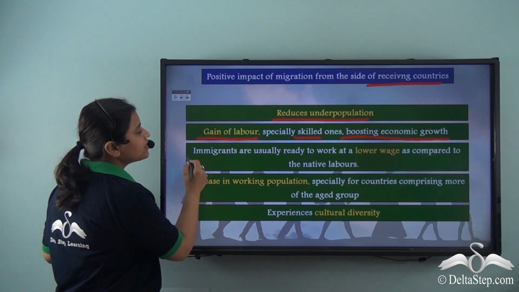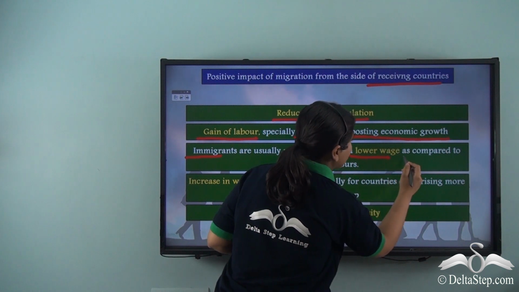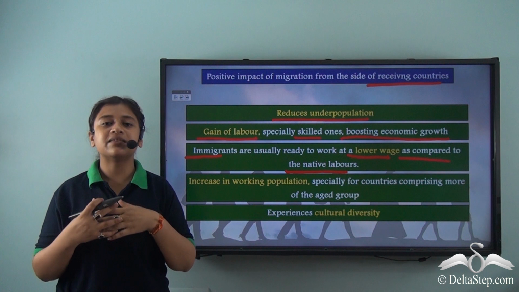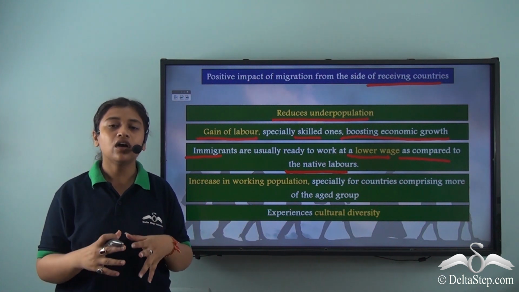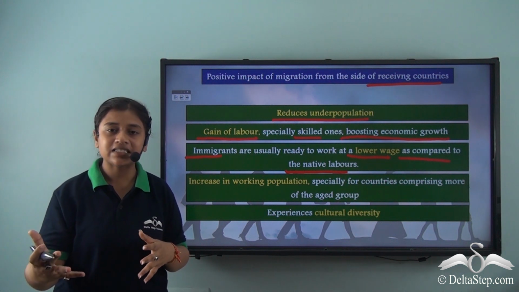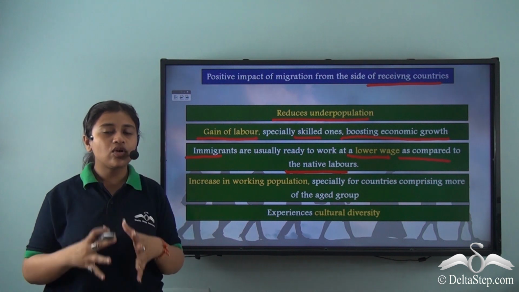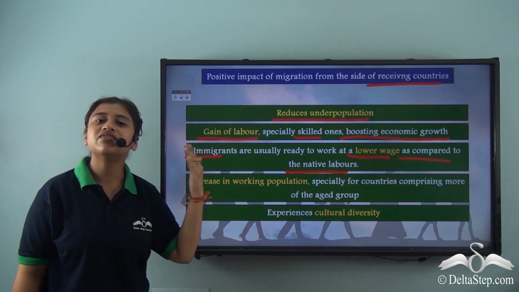Further, immigrants are usually ready to work at a lower wage as compared to the native laborers. Since these immigrants have come from far off lands and are here for new job opportunities and better prospects of livelihood, they are ready to work at a lower wage as compared to people who are already living there, or the native laborers, right?